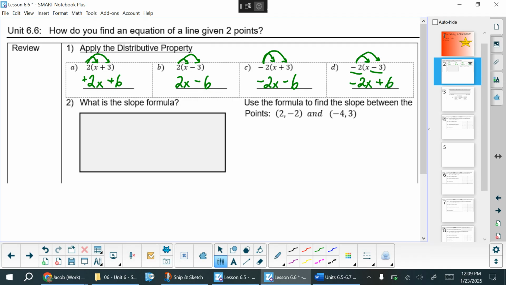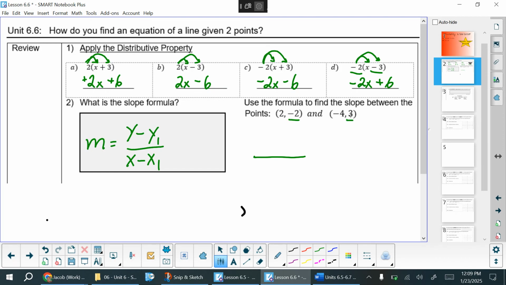The second thing we're going to review is the slope formula. This was just on our last quiz, and we'll be working with this a lot over the next couple of units. So our slope is the y minus the y1 over the x minus the x1. And when we plug these numbers in, we have to be really careful about our negative signs.